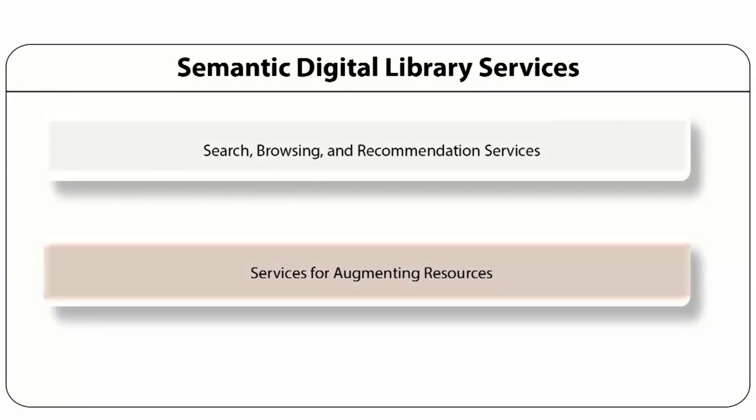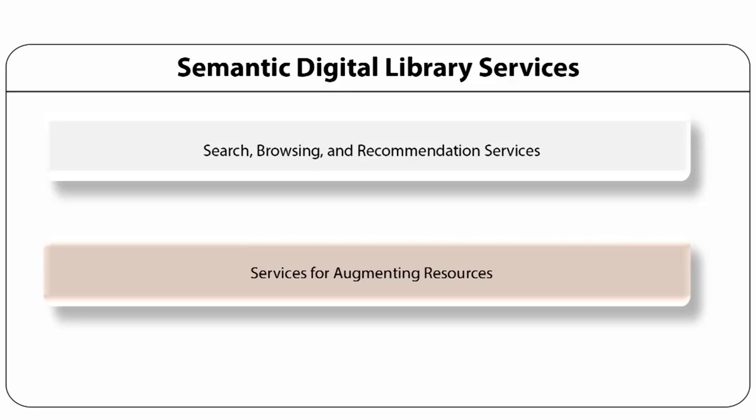Search, browsing and recommendation services. The major objective of a semantic digital library is to provide information discovery that is superior to the services available in current digital libraries. It should facilitate the users to find out interconnected information about resources available in the digital library while browsing, filtering or finding similar information objects.